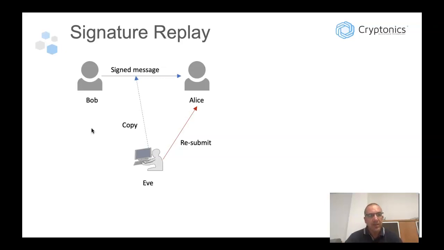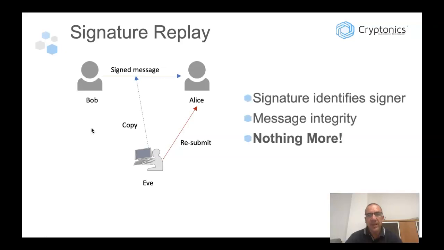This is a very typical simple cryptography scenario, because what digital signatures or cryptographic signatures do is they only identify the signer and ensure that the message has not been modified since it's been signed. So, message integrity. They do nothing more. There's nothing in there that states whether a signature has been used already or a message has been sent several times.